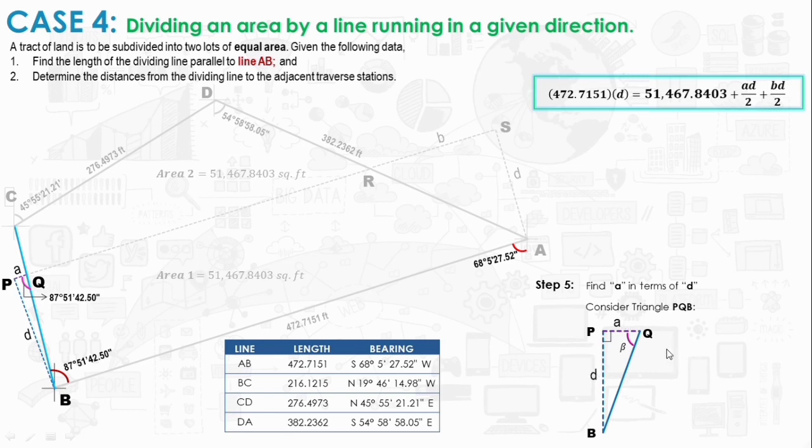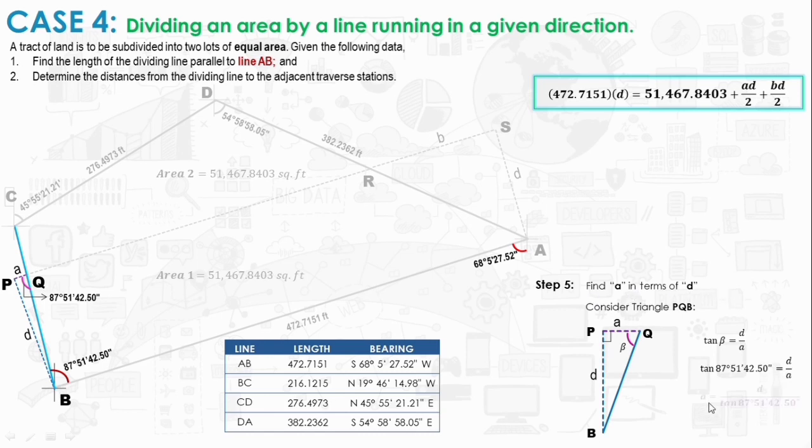Or the tangent of beta is equals to opposite D and the adjacent A. So, tangent of 87 degrees, 51 minutes and 42.50 seconds is equals to D over A. So, para makuha natin yung value ni A in terms of D, i-rewrite lang natin yung equation.